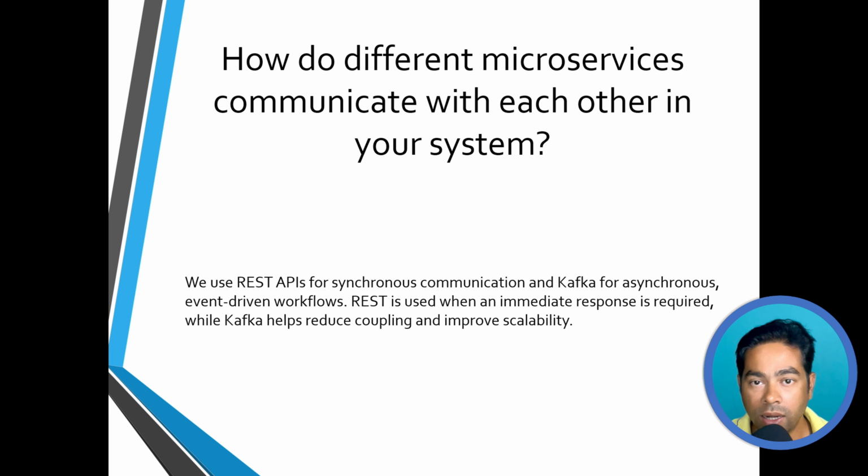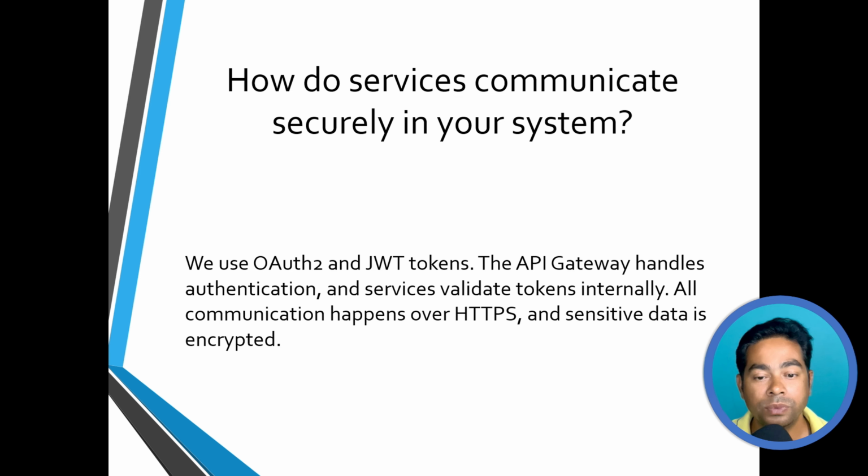We are using Kafka there to handle those batch-wise updates to the customer. You can say we are using Apache Kafka, and Apache Kafka is very useful for decoupling and improving the scalability of our applications. So this is the way we are communicating among the services. Now coming to the next question.